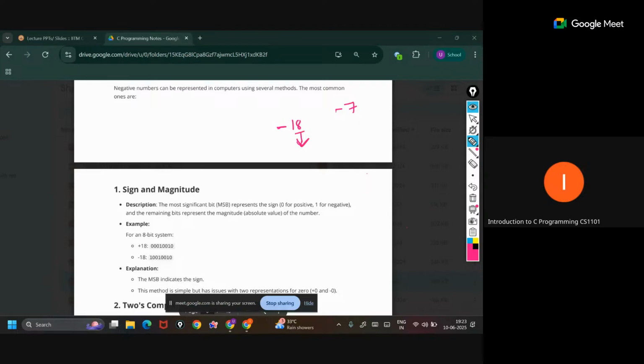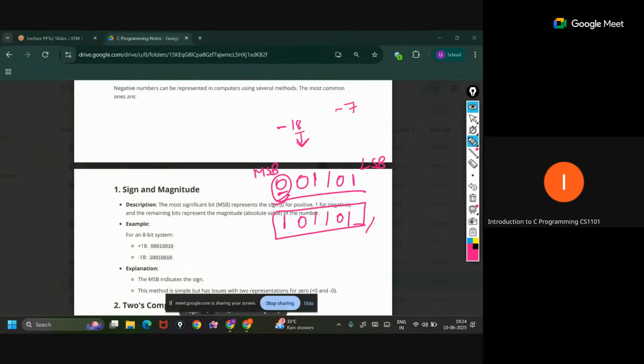Let's say I'm writing the value as 0100. Here the 0 is the most significant bit. If it is 0, we'll say it is positive. If I change it to 1, that will be set as a negative number. This is a way of writing a negative number.